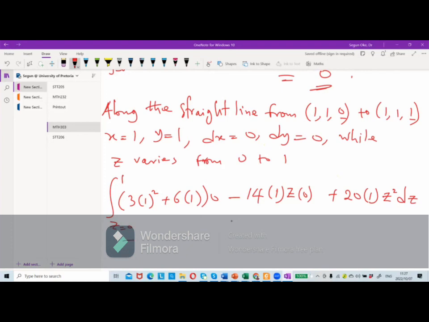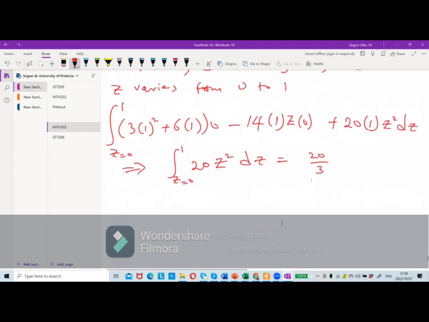So at the end of the day, this will give us the integral of z equals 0 to 1 of 20z squared dz. When you integrate this one very well, you have 20 over 3. That's what you will get.